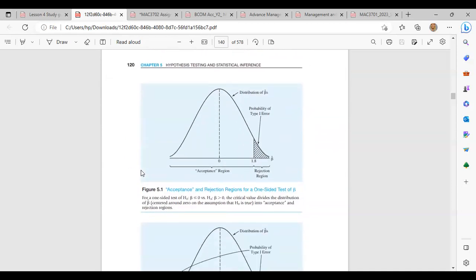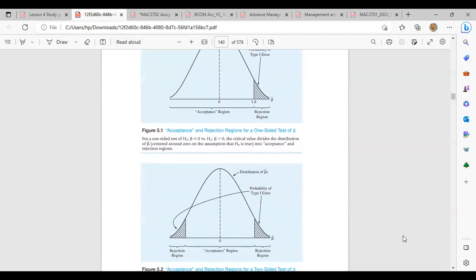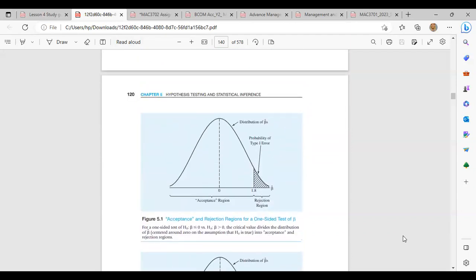So this is what it looks like in a diagram. We have that 1.8, which is the pass mark. Let me take you back to see what type 1 error is, which is the probability of type 1 error.